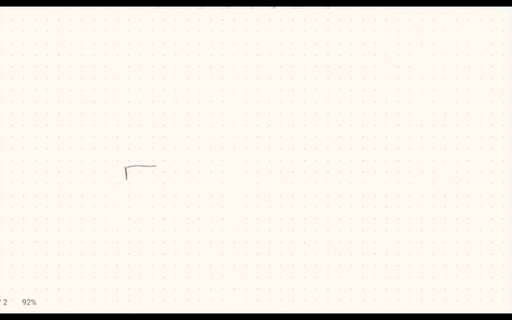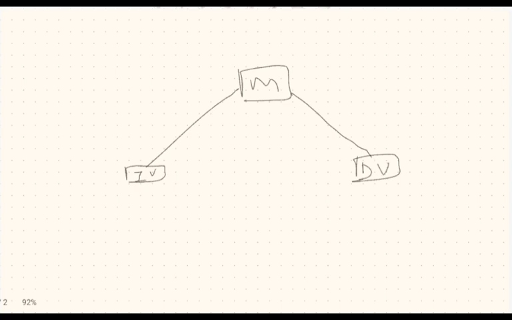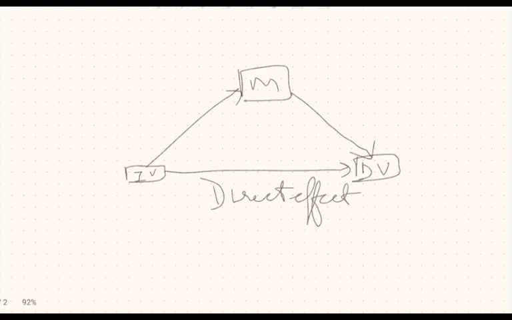If this is our model, IV, mediator and DV, right? So this is known as the direct effect, and these are known as the indirect effect.